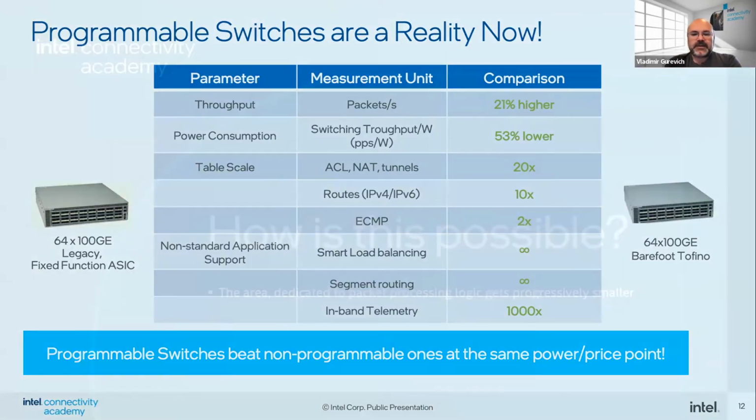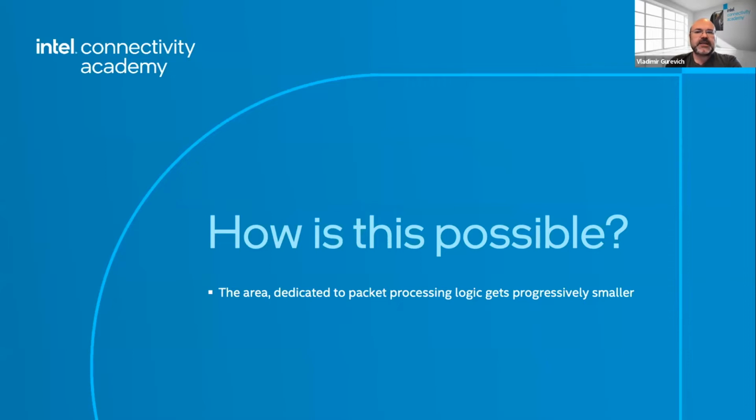Now, the question is how this became possible, because for a long time, people thought that this is something that cannot be done. The common wisdom was that if you try to build a programmable device, it will be much more expensive than comparable fixed function ones.